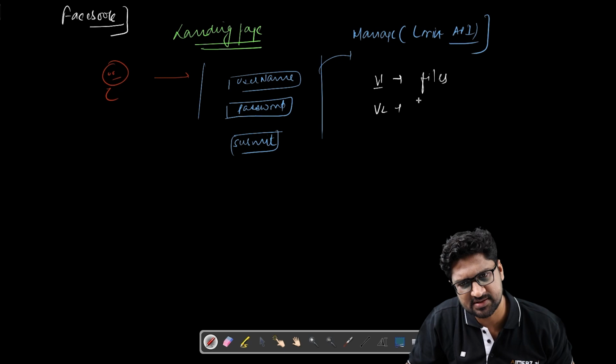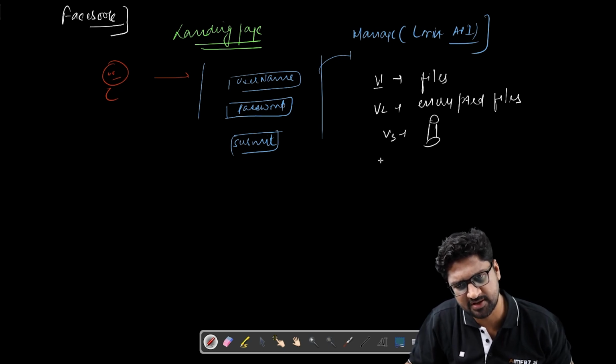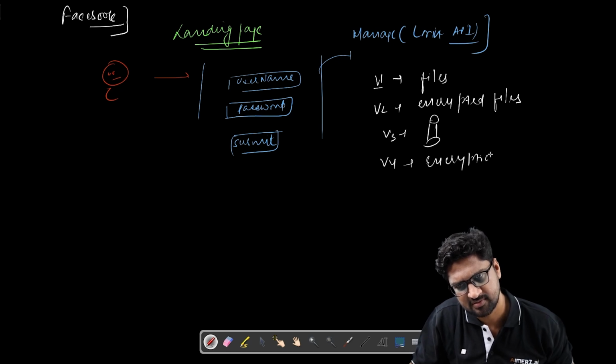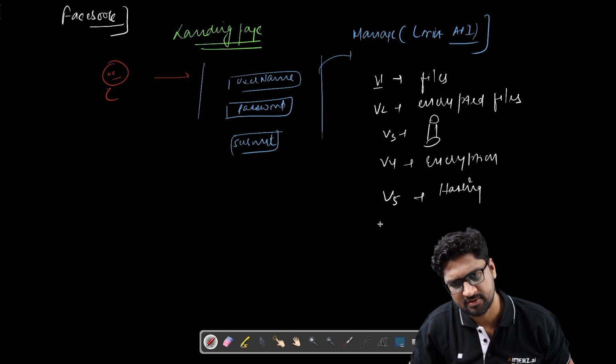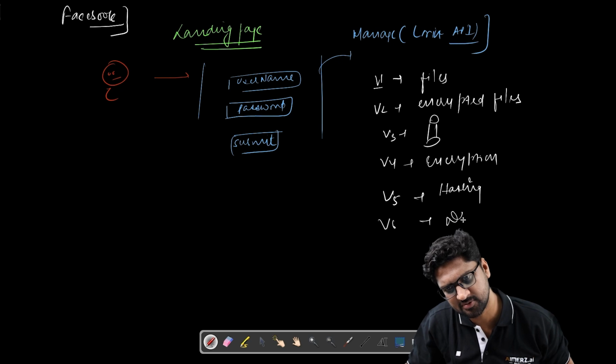Maybe in version 2, it was encrypted files. Maybe in version 3, it moved to the database. You started storing into the database. Then you started using encryption. Then in version 5, you did the hashing. In version 6, let's say you do the distribution.